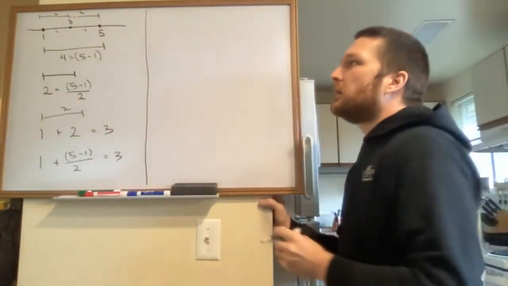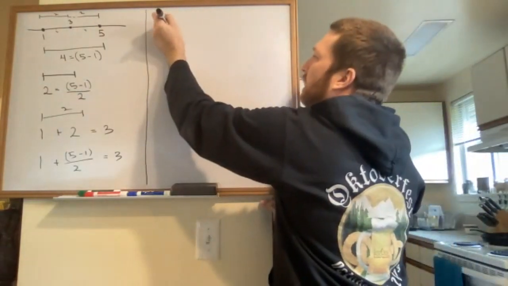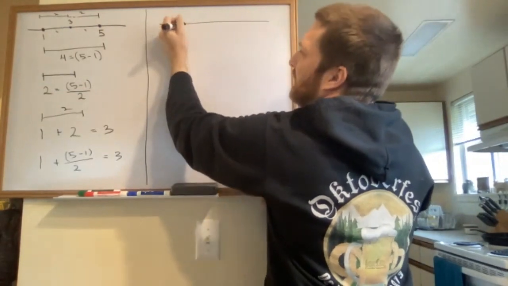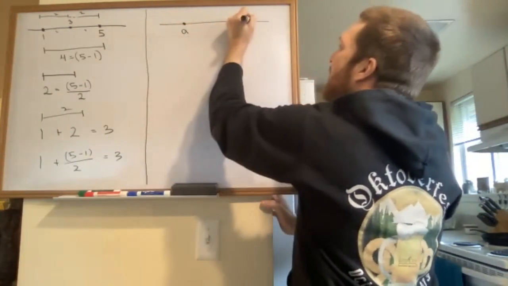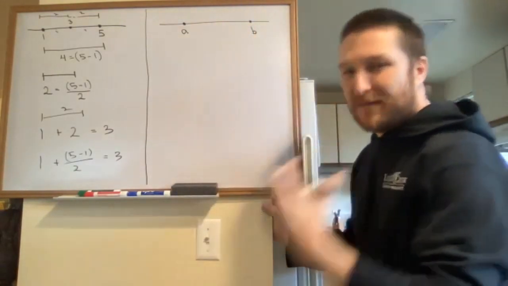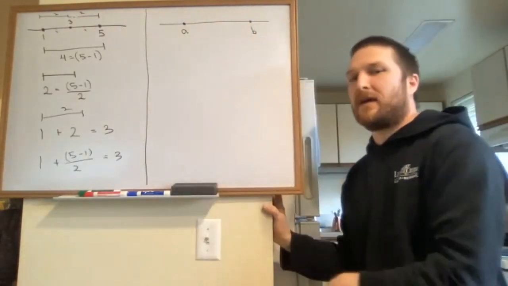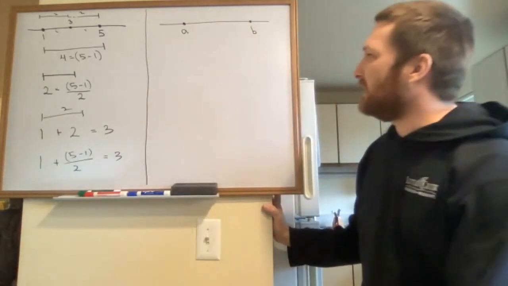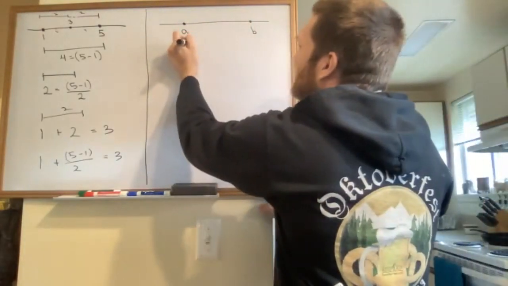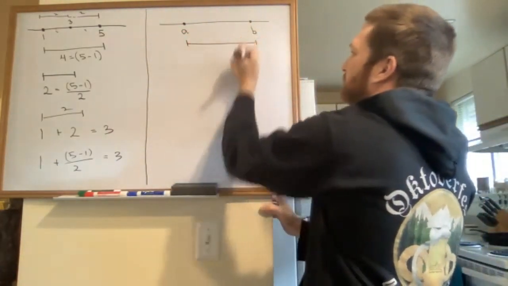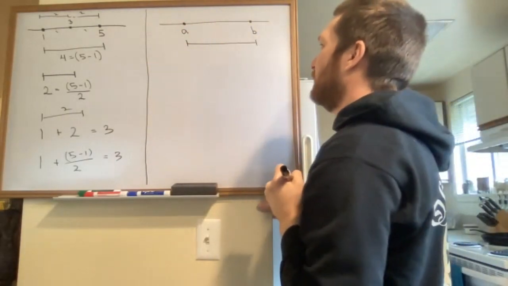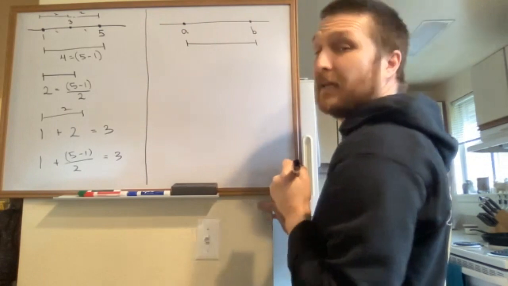So what I want to do then is say, well, how can we do this for any 2 numbers? Let's say I want to do this for a number A and a number B right there. We're going to assume B is the bigger number. We're going to write it on the right-hand side so that we remember that B is the bigger number. And so then what is the distance between A and B? How would I calculate that?